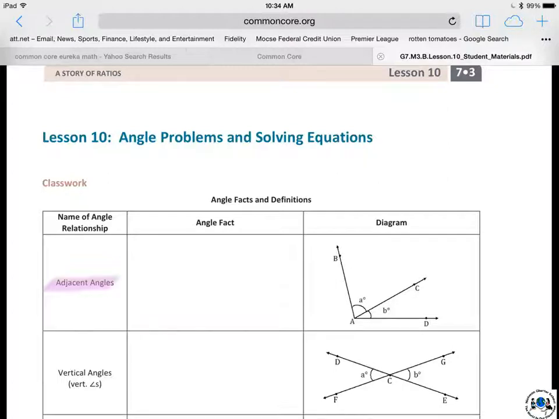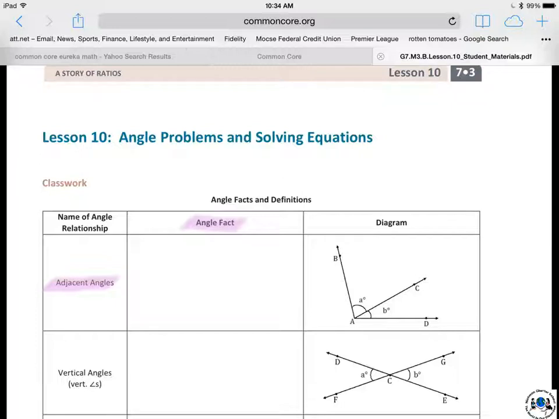When I write in the angle fact here, I'm going to use some geometric notation to have you write these facts and definitions as well.